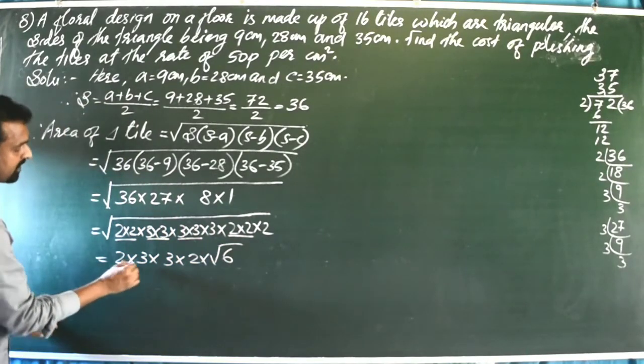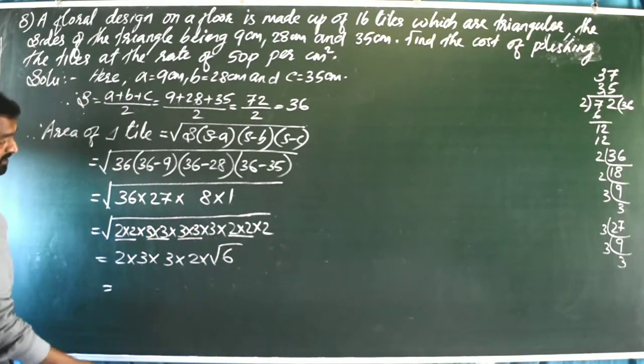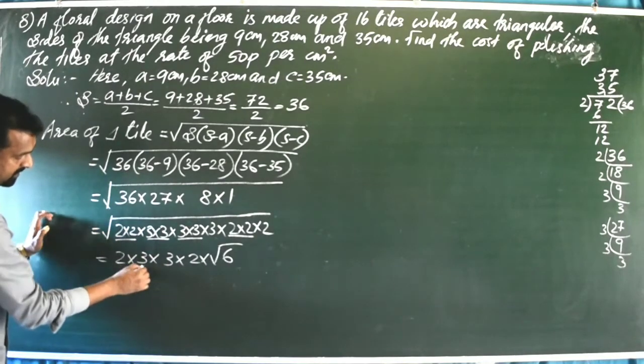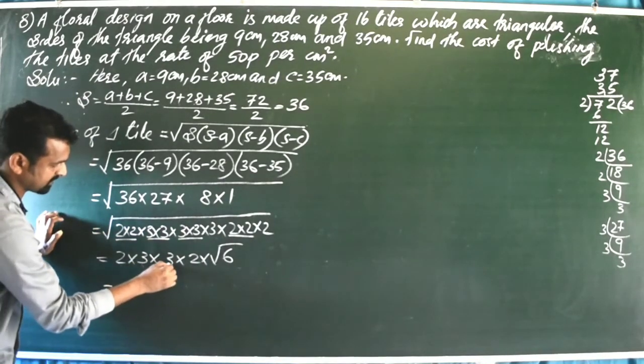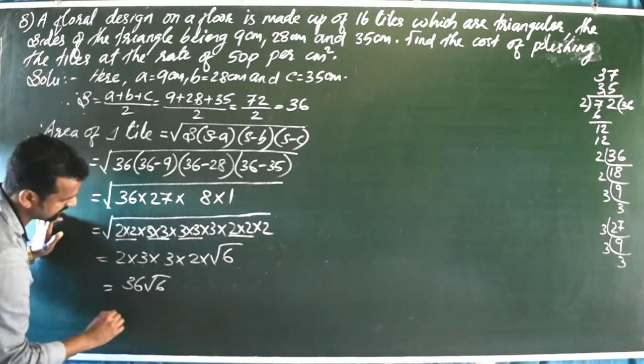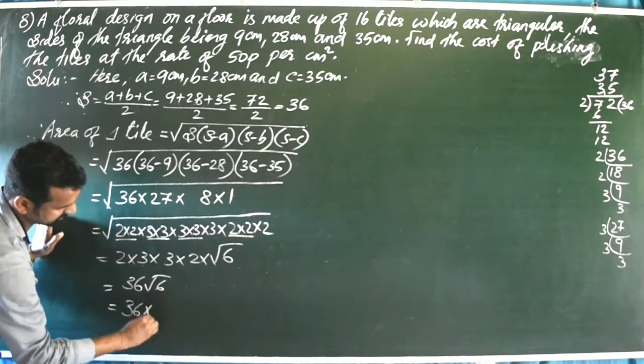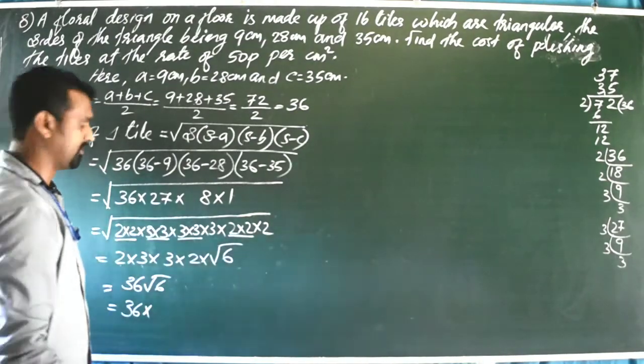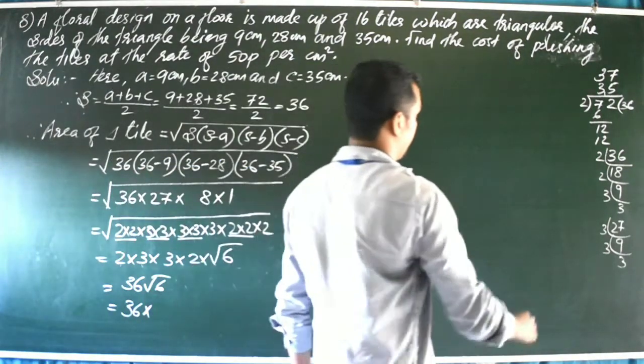That is 2 3s are 6, 6 3s are 18, 18 2s are 36 root 6. Then that is equal to 36 into root 6; the value we have to find out by using the long division method.